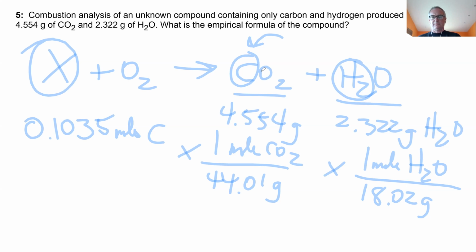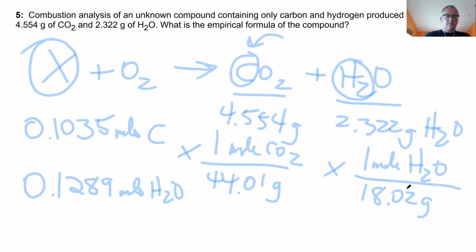3.22 over 18.02. That is 0.12886. So how many moles of hydrogen do we have? 2 times that.